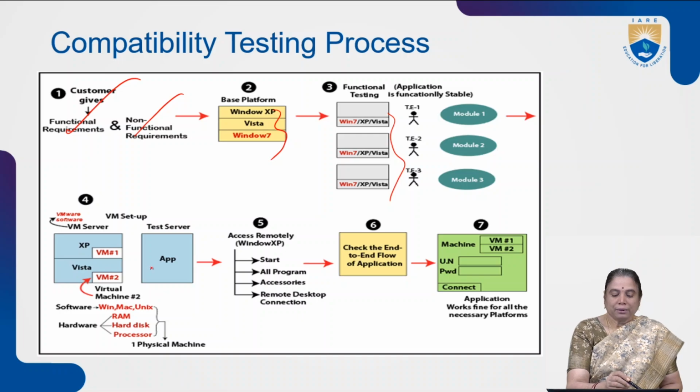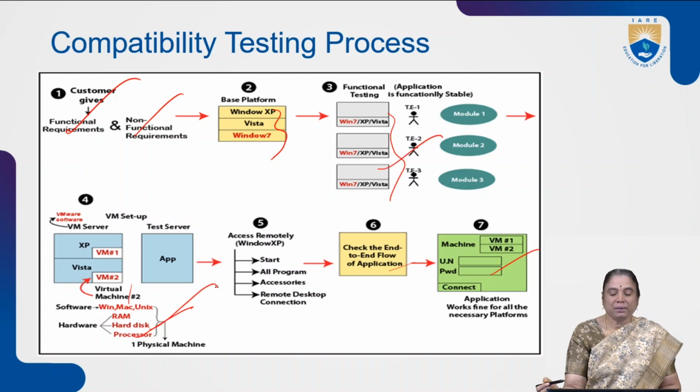By using another set of operating systems and hardware varieties, different infrastructures, the application is deployed and the functionality is verified. Check the end-to-end flow of the application on a variety of browsers also. This is how a variety of operating systems, hardware environments and browsers must be checked against functionality.